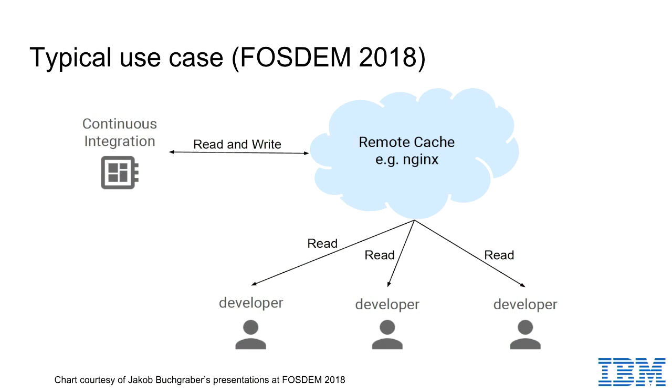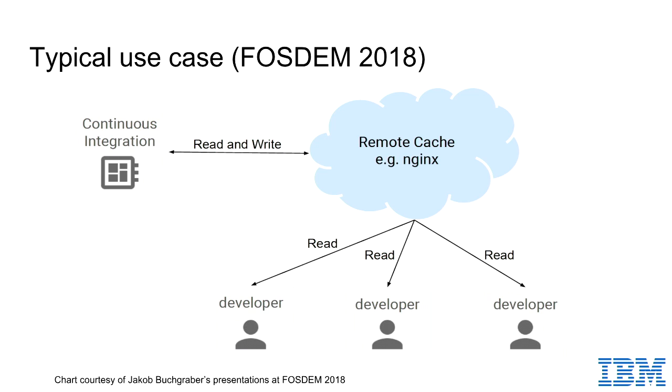Here is a typical use case from Jakob Buchgraber's presentation earlier this year at FOSDEM. He mentioned what a typical use case of Bazel remote caching is. Basically, you have your CI, and then you have a bunch of developers creating PRs. Whenever there's a PR, the CI system builds the PR, and at the same time also populates the remote cache.